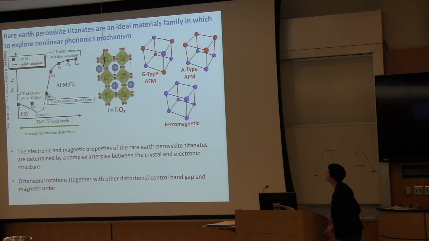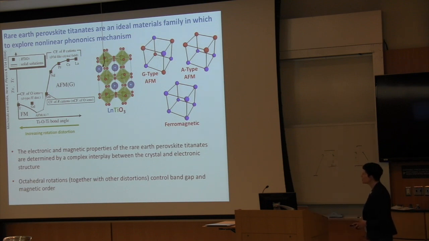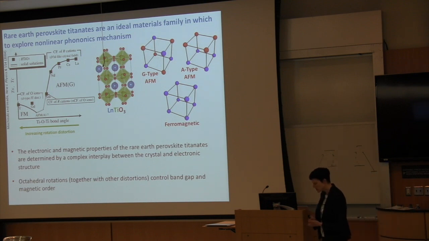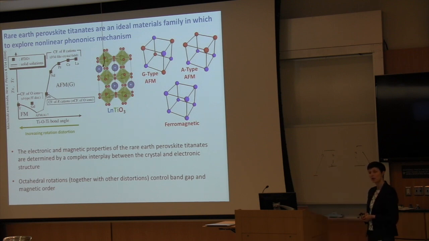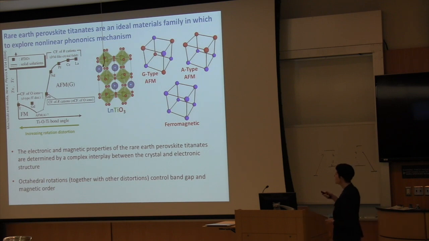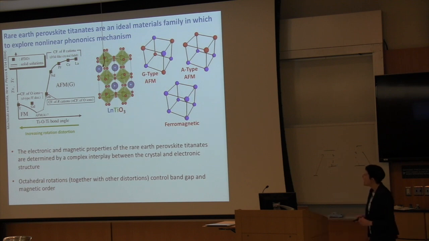All right. So we decided to start exploring this nonlinear phononic stuff using the family of perovskite rare earth titanates. They have this orthorhombic crystal structure that has these octahedral rotations or octahedral tilts, characterized by those distortions.